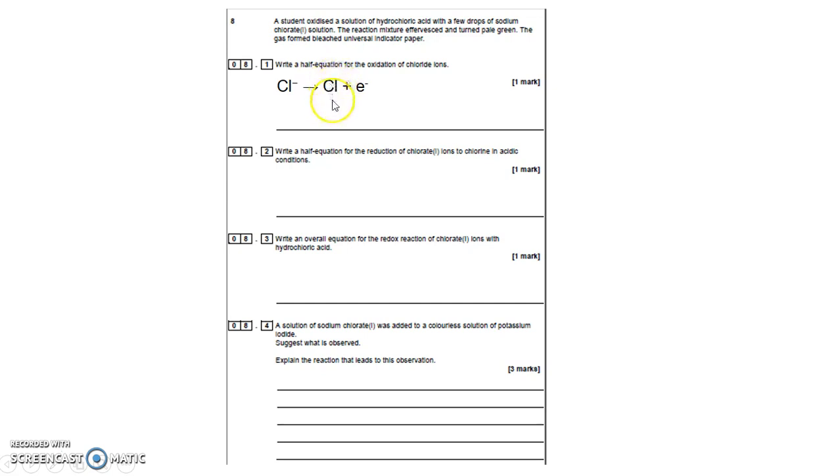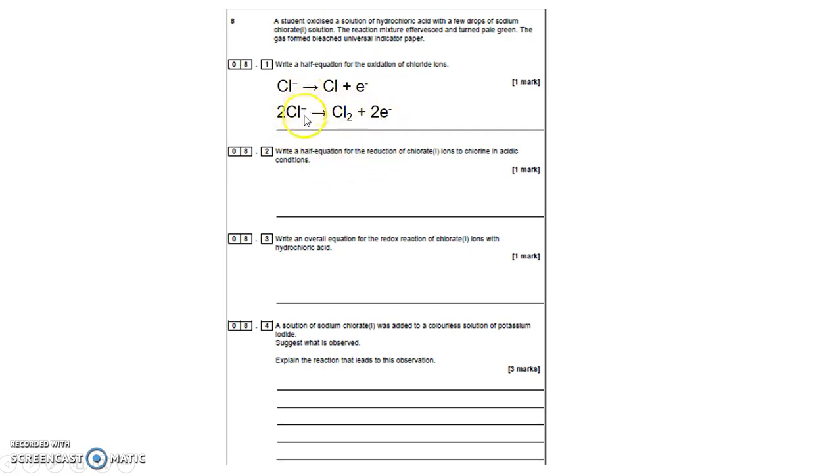The issue then is that it doesn't balance. For Cl2, I'll need 2 Cl minuses, and now I've made 2 minuses on the left, so I need 2 electrons being released on the right hand side. So 2 minuses on the left, 2 minuses on the right.